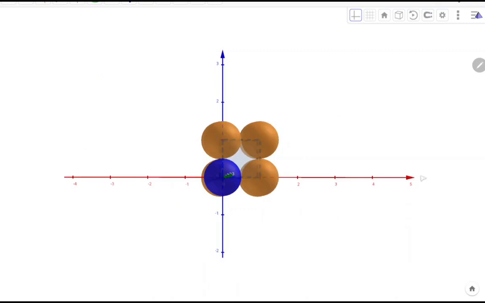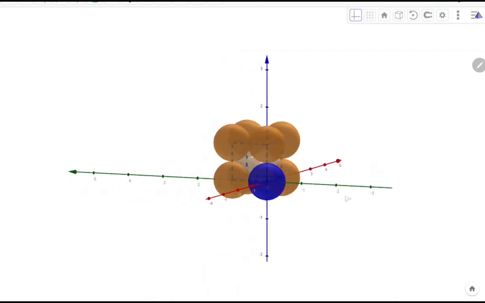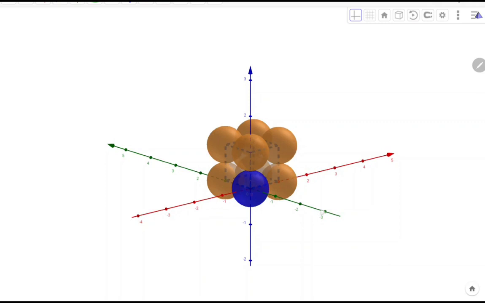Now let's name this one the x-axis, this one the z-axis, and this one here the y-axis. The number of first nearest neighbors, or the coordination number, is, let's see, assuming that the blue one here is the origin.